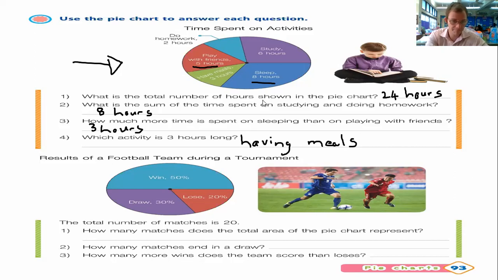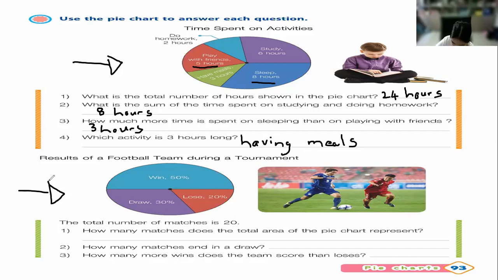The next one is a next pie chart. So first of all, who can tell me what is this pie chart about? At the bottom here. What is this information? The results of a football team during a tournament.